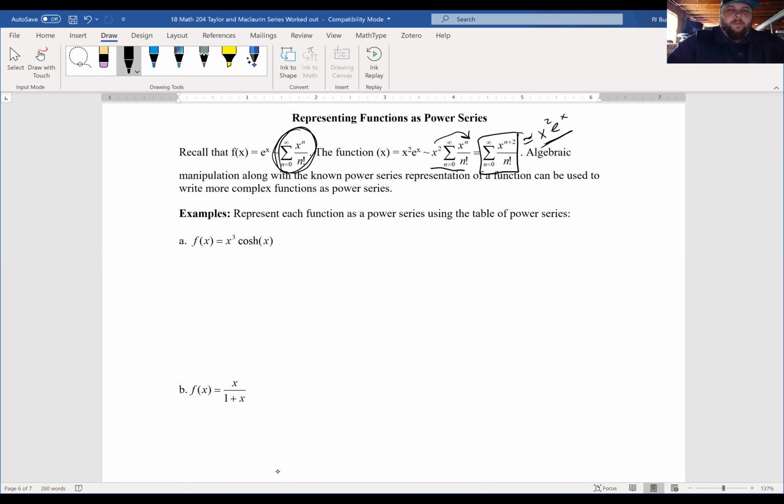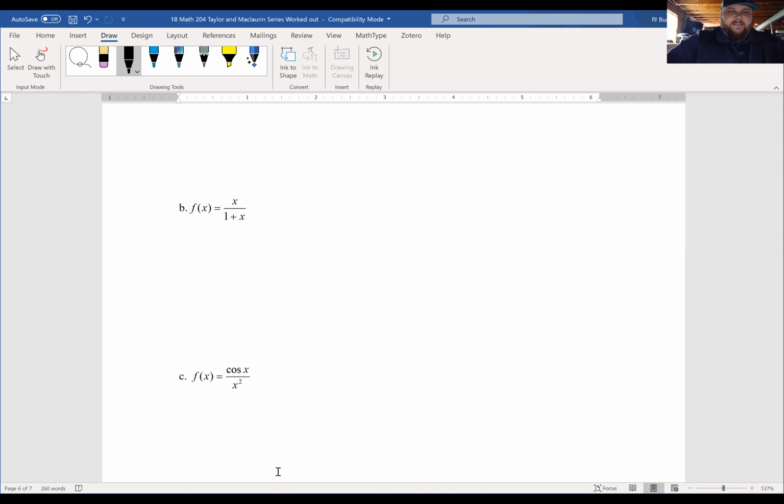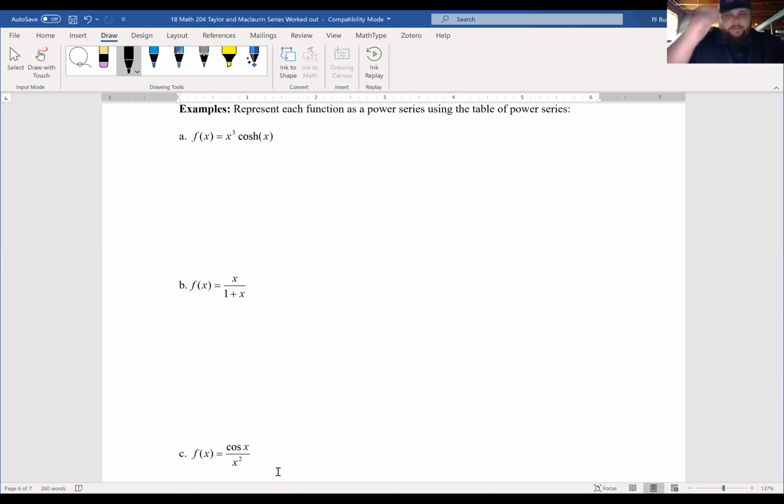These exercises just ask us to take these functions and transform them into sums. Anytime we see a polynomial, we're going to leave it alone. So here I've got x cubed. I'm not going to touch that. I instead want to replace this function.